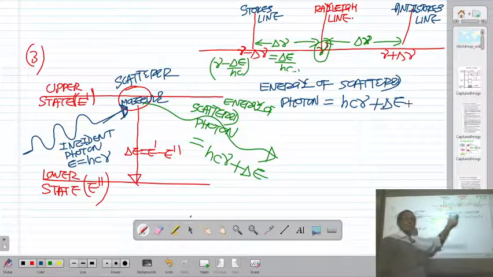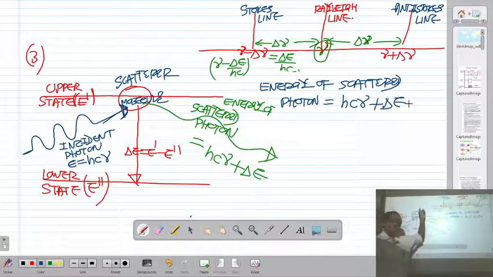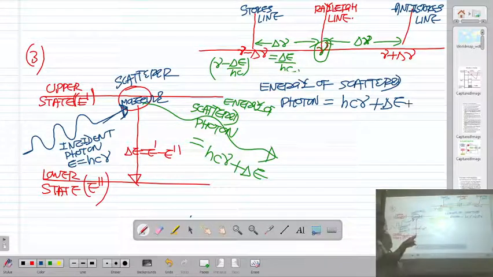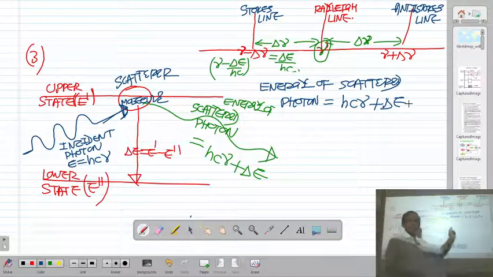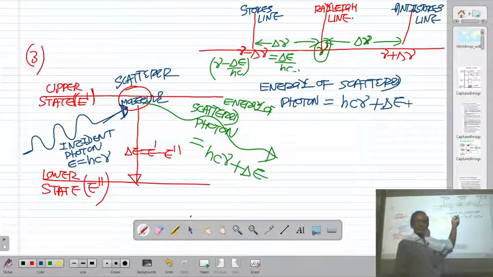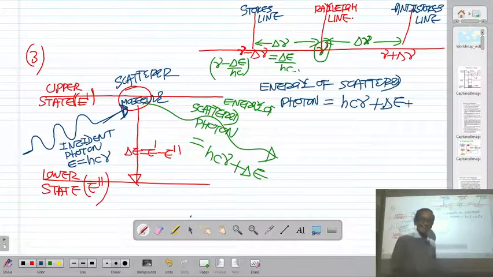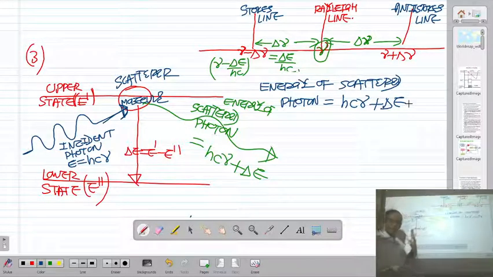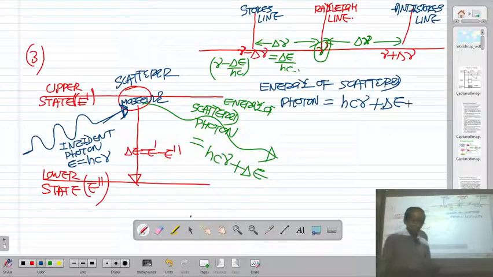And if the incident light photon absorbs the energy delta E, then the molecule is transferred from the upper state dash to the lower state double dash, and the photon is scattered with a larger amount of energy, that is hν plus delta E. So in the previous case, the energy of the scattered photon was hν minus delta E. In this case, the energy of the scattered photon is hν plus delta E.